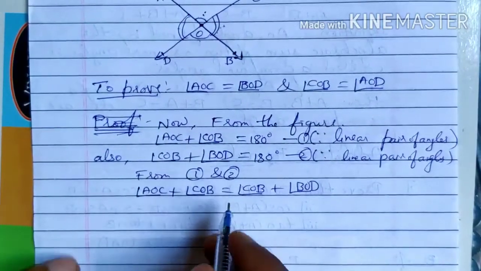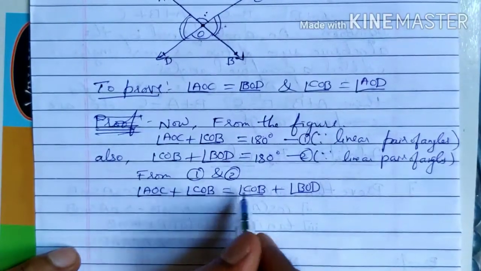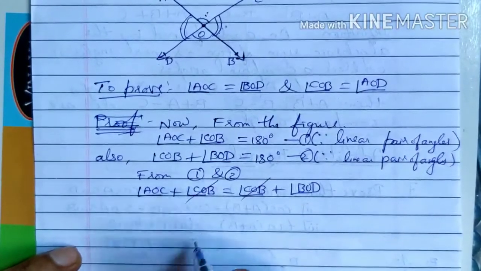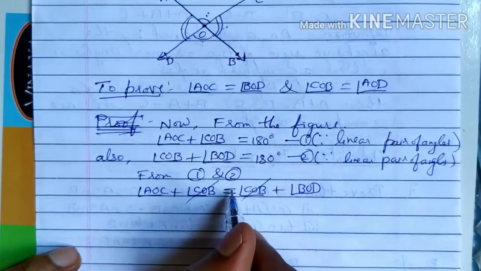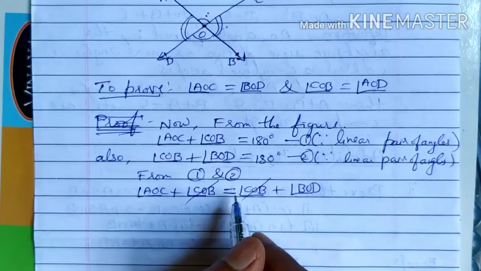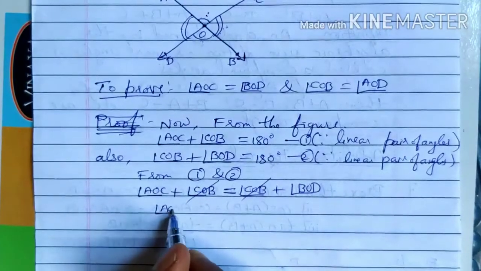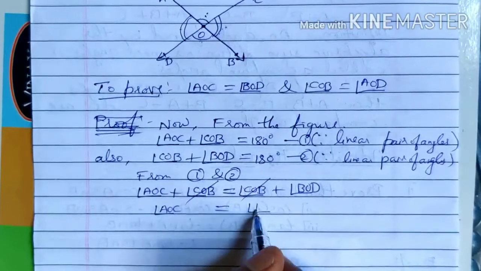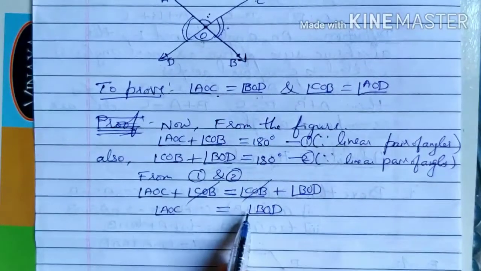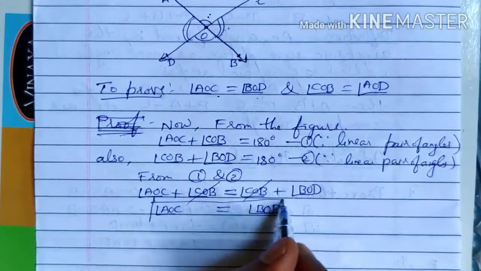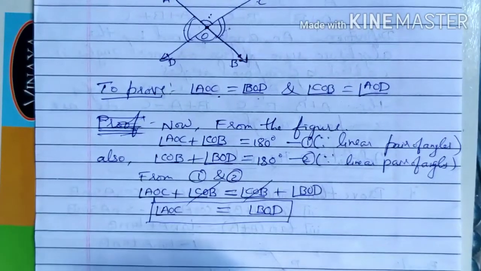So I can cancel angle COB, since they have the same sign but are on either side of the equality sign. Therefore angle AOC remaining is equal to angle BOD remaining. So that is the first proof. This is how we prove it.